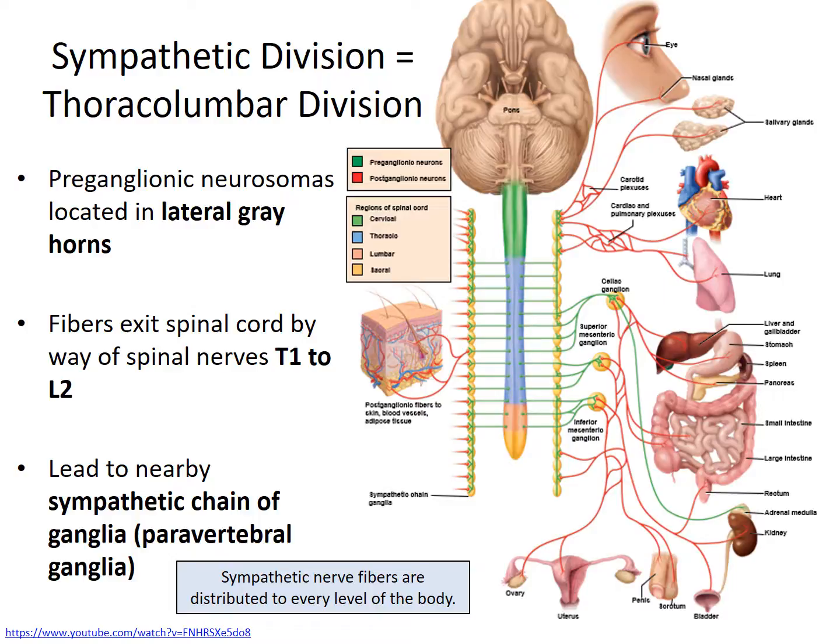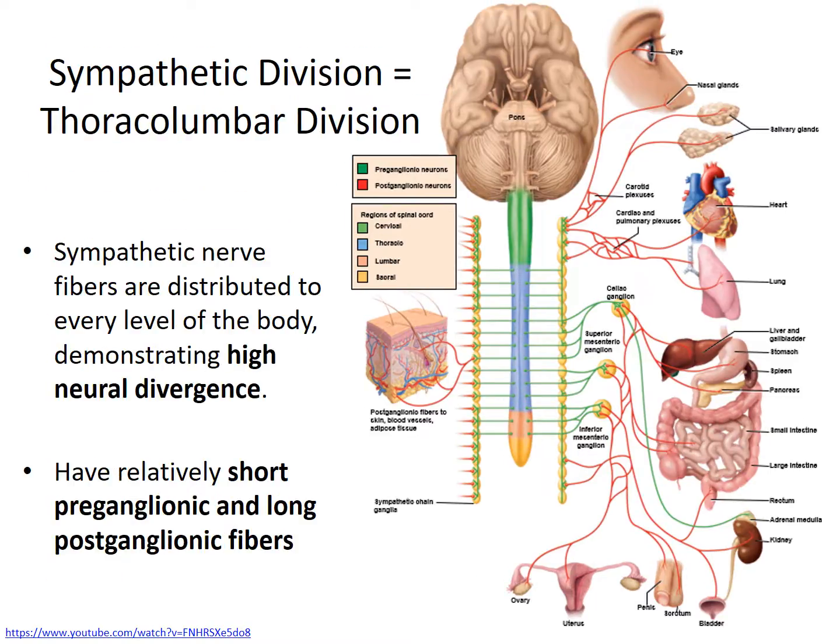So nerve fibers of the sympathetic nervous system only exit from spinal nerve T1 through T12 to L1 and L2. This divergence, this ability of the sympathetic nerve fibers to be distributed to every level of the body, demonstrates the high neural divergence.